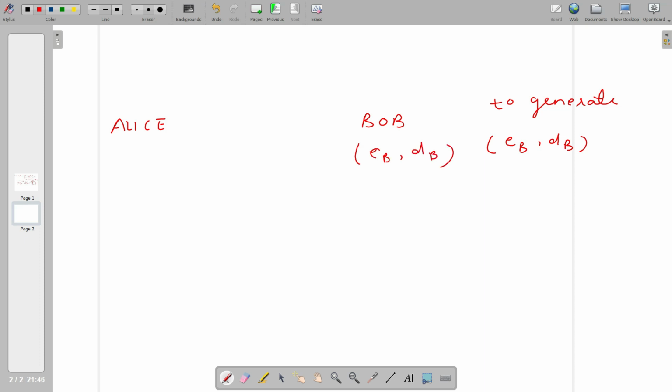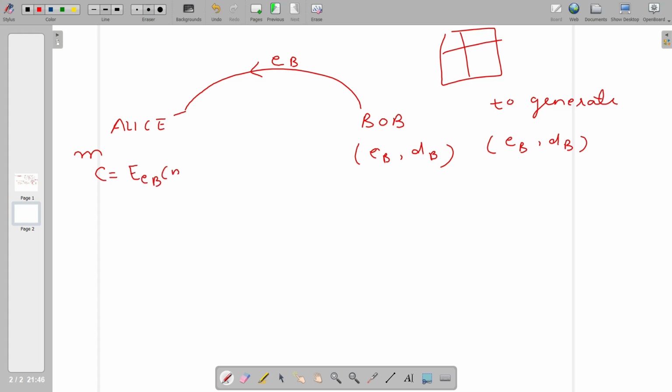What will Bob do? Bob will send its public key through the open channel, public channel or insecure channel, to Alice, or Bob can keep its public key in this public key directory, and Alice can receive it from there also. Now let's say Alice wants to send the message M. Alice will generate the ciphertext using Bob's public key, EB of M, and then send this to Bob.